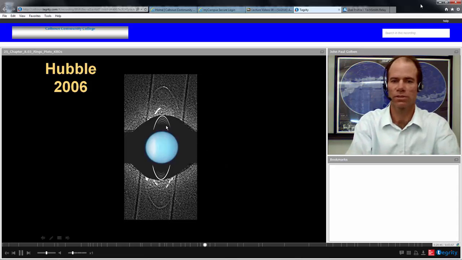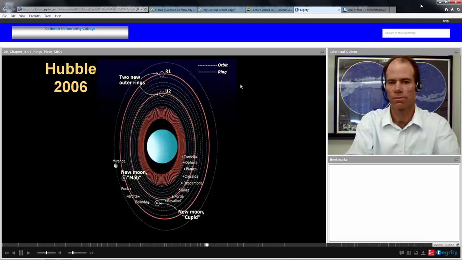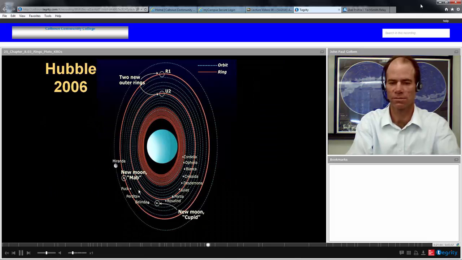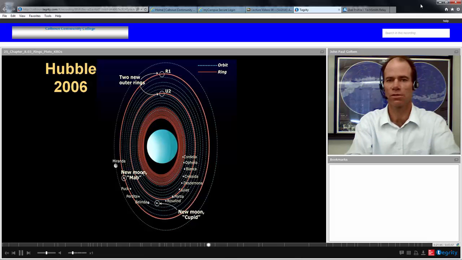Here we have a picture of Uranus with the main ring systems, and then Hubble discovered these two most outer rings here. If we enhance this with a diagram here, see, Hubble discovered these two new outer rings, giving Uranus at least 13 rings. At the same time, Hubble also discovered a couple more moons as well.